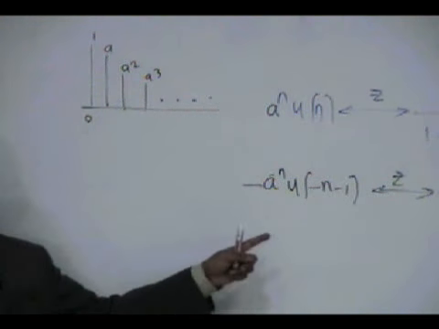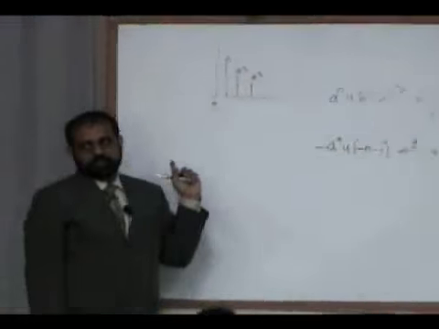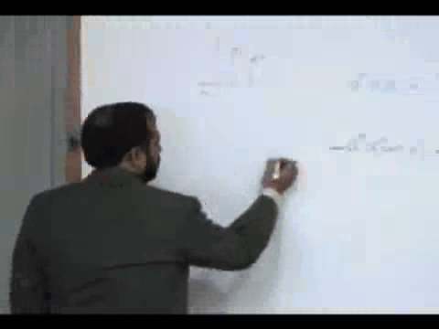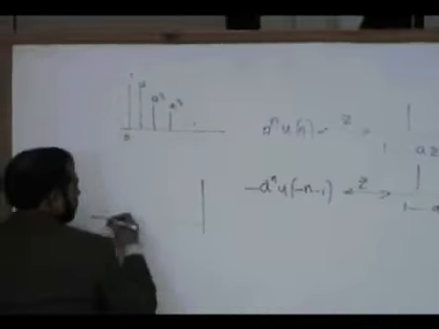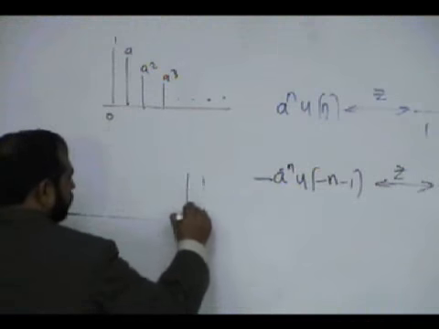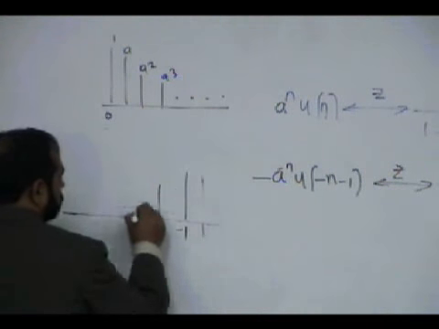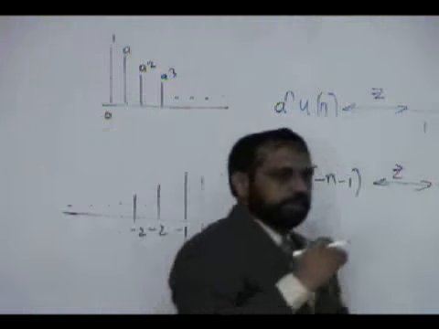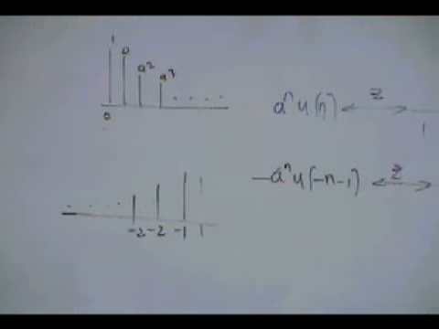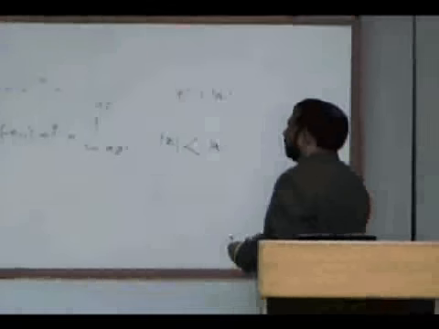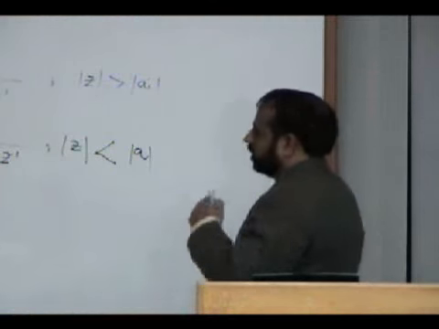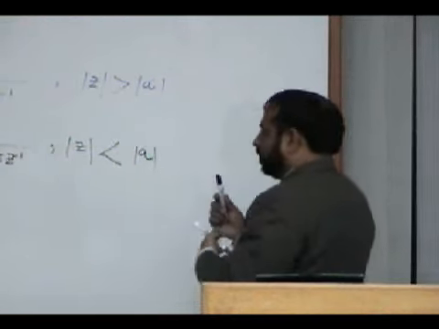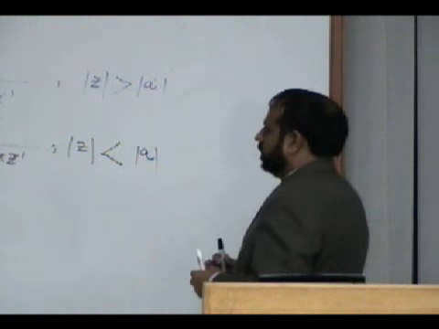Whereas this is a left hand side sequence. If you plot it, it will be moving in this direction starting from minus 1, minus 2, minus 3, whatever, because u of minus n minus 1 and the minus will make it go in the negative.